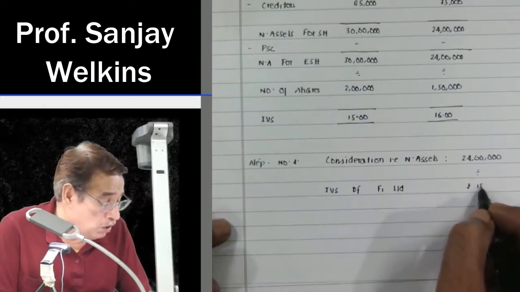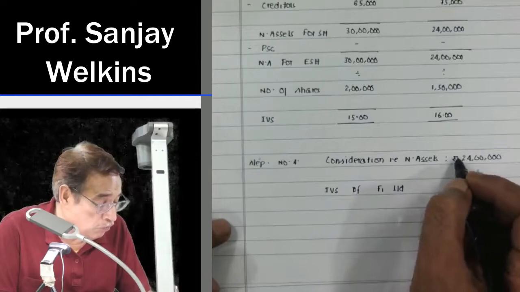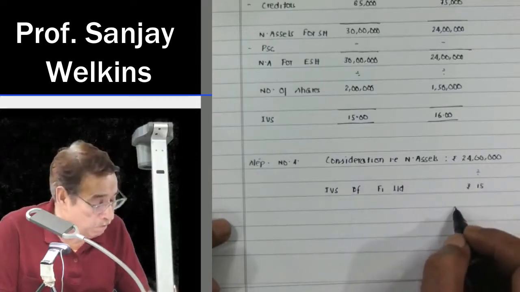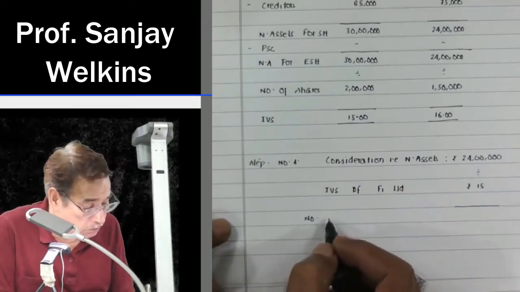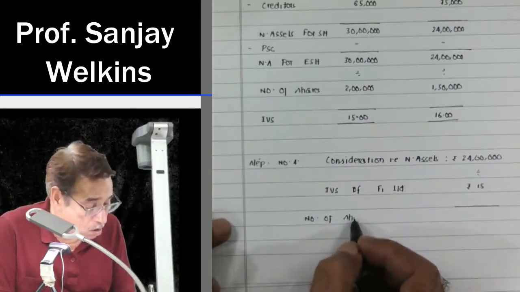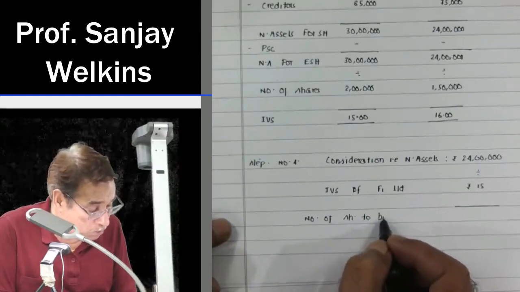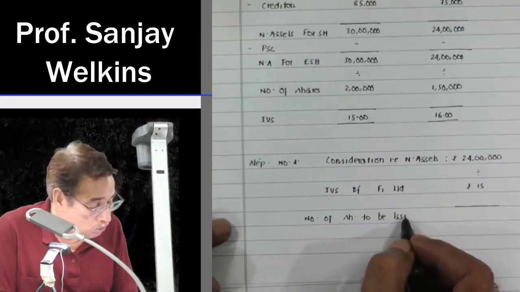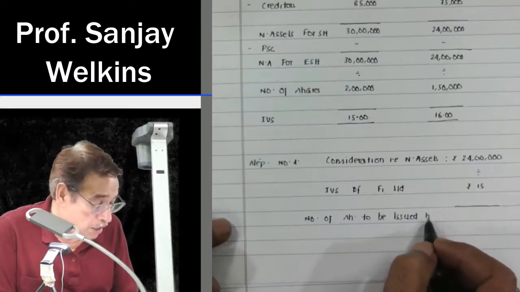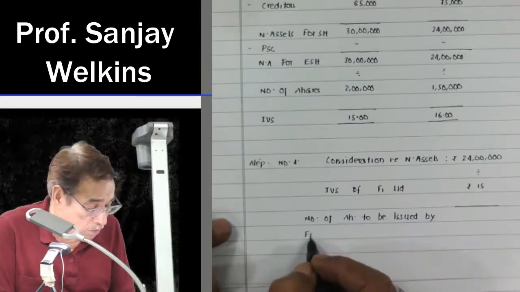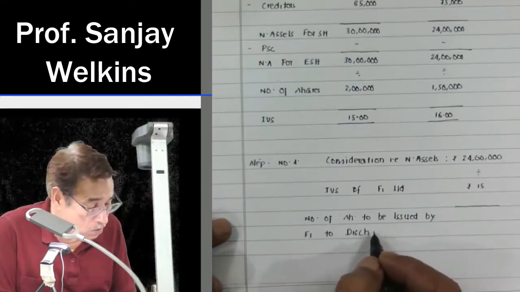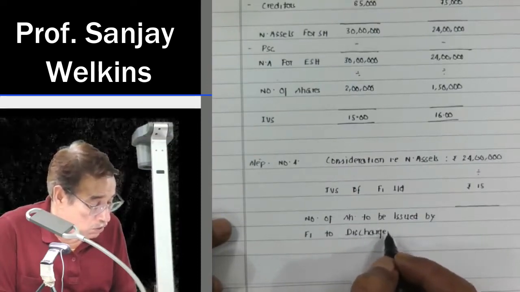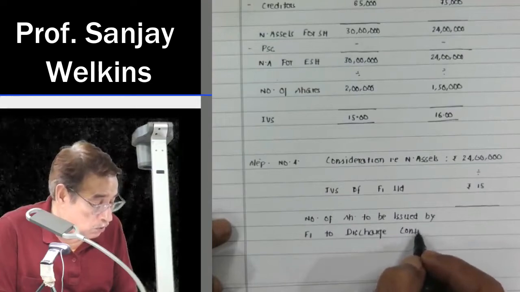So in order to discharge consideration of 24 lakh, I will divide it by 15, and that will give me the number of shares to be issued by F1 Limited to discharge consideration.